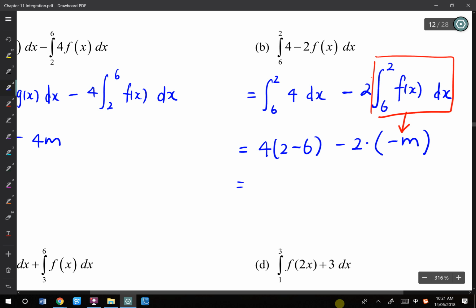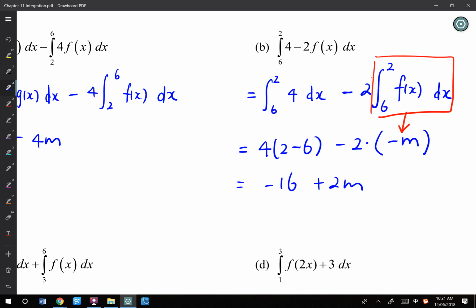So what I have here is minus 16 plus 2m.